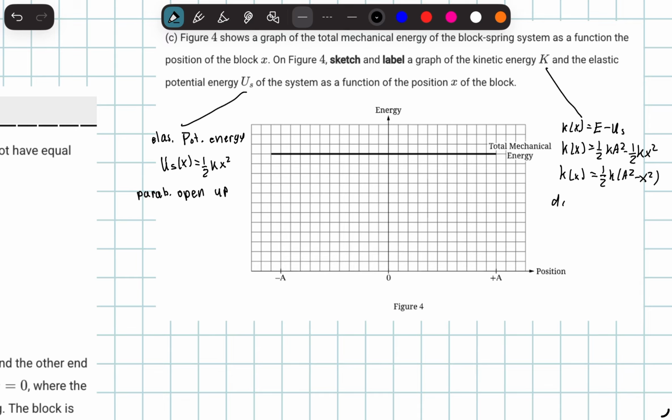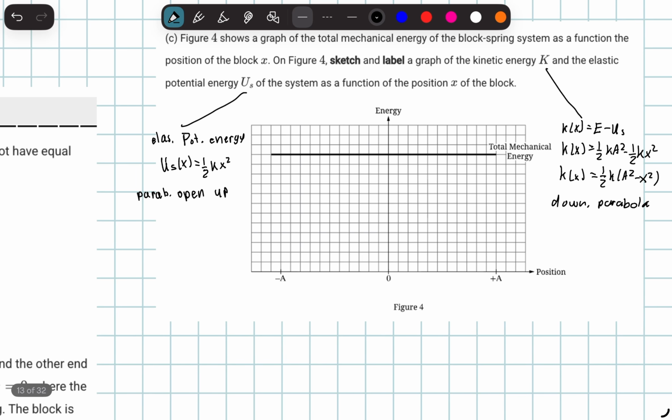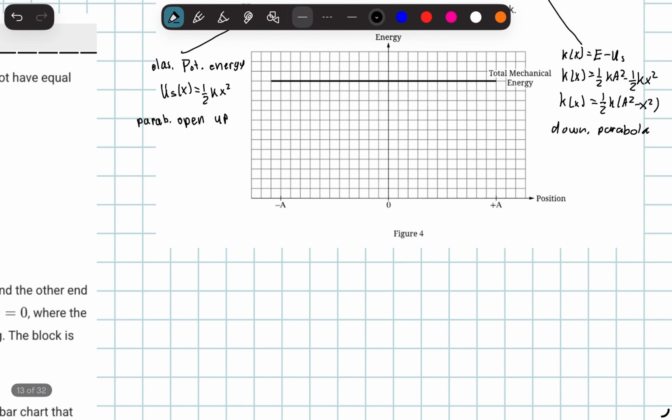So this is a downward parabola. Now, for our axes, our horizontal axis is position x, and our vertical axis is energy. So we can mark negative A over here and positive A over here.